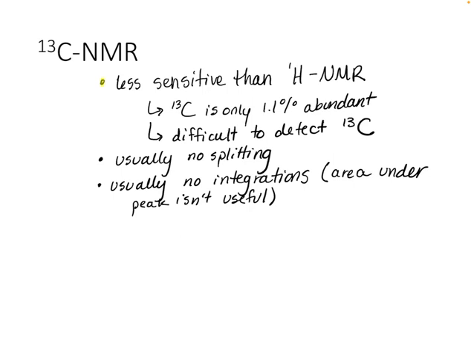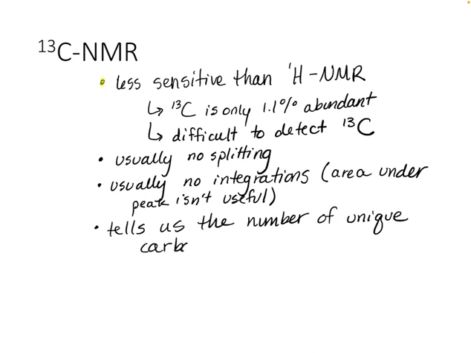However, what is useful about carbon NMR is it tells us the number of unique carbons we have. And the chemical shift will tell us what type of functional group we have.